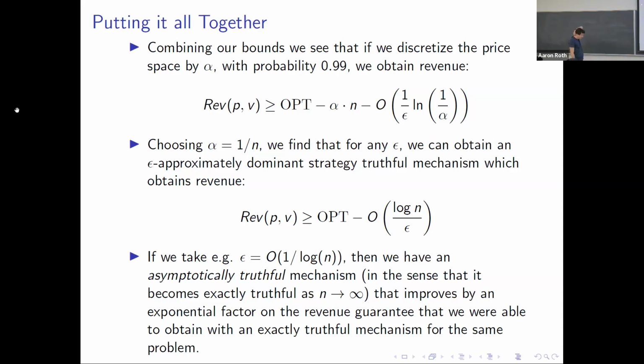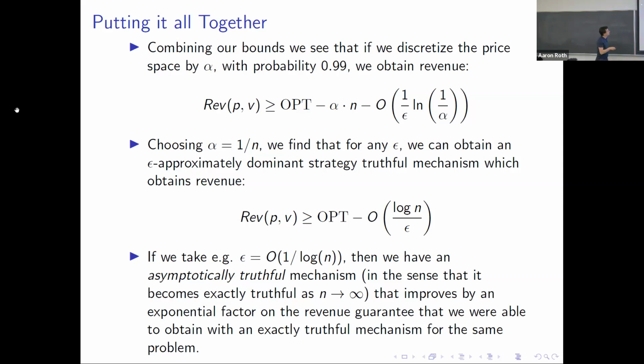In which case, the revenue that we get is still much better than the revenue we were getting before. Remember, for an exactly dominant strategy truthful mechanism, what we showed how to do was to get revenue opt minus square root of n. So if we set epsilon to be 1 over log n, we get opt minus log squared of n, which is exponentially better.